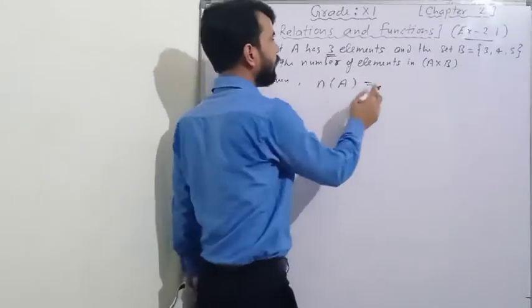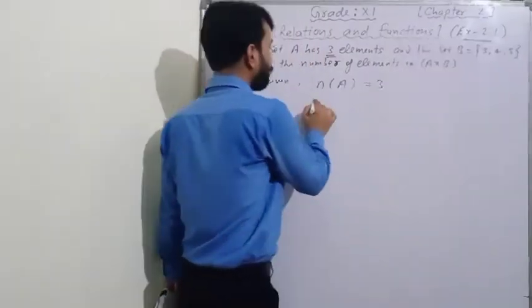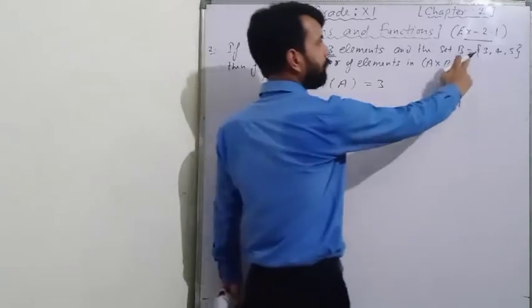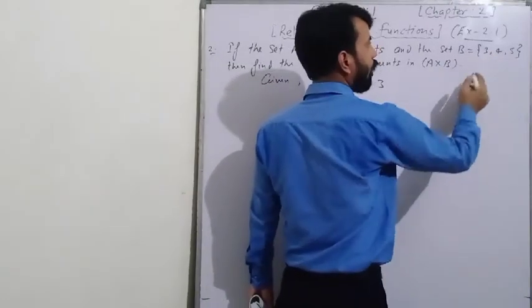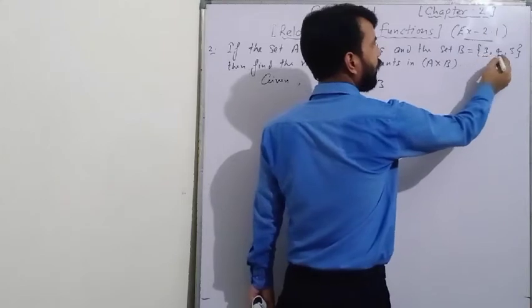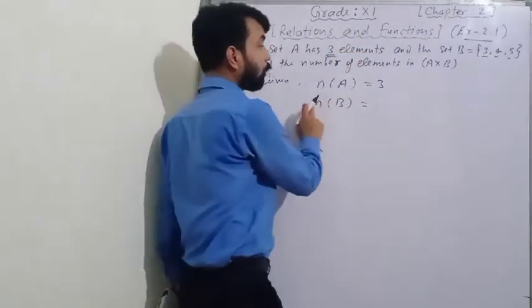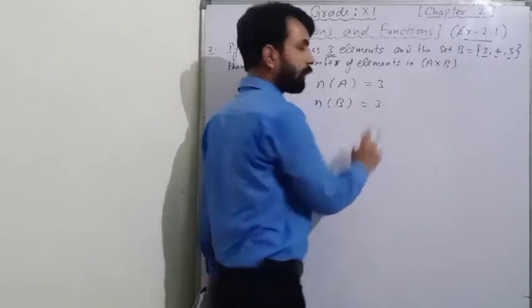So n of A equals 3. And the number of elements in set B. Because set B is given as 3, 4, 5, how many elements are present there? 1, 2 and 3. Again 3 elements. So the number of elements in set B is also 3.